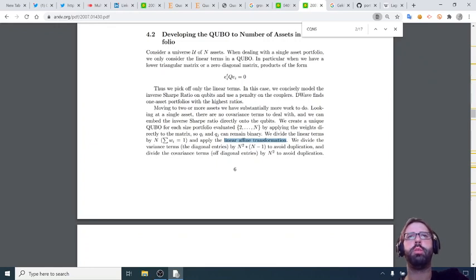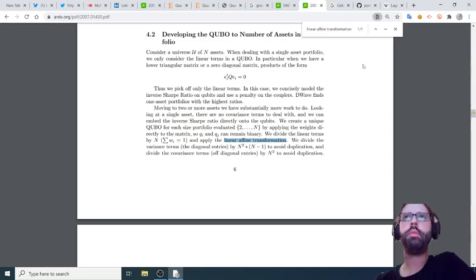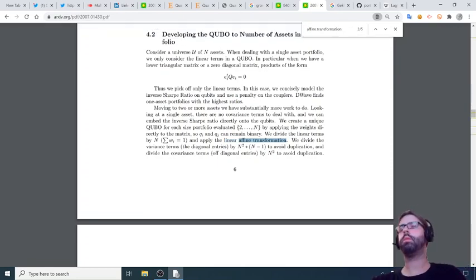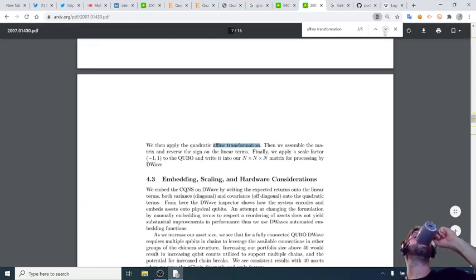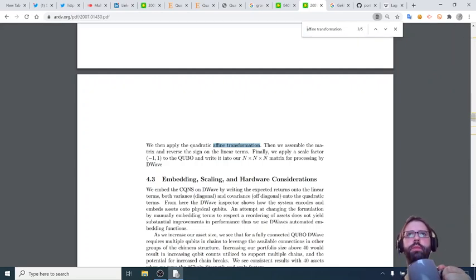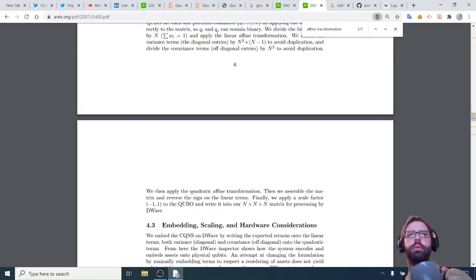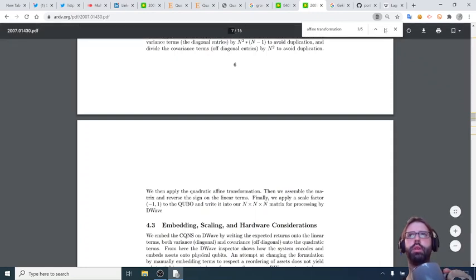The variance terms to avoid duplication, whatever that means. Reverse the sign on the linear terms. Finally, we apply a scale factor to the QUBO and write it into a matrix for the D-Wave.